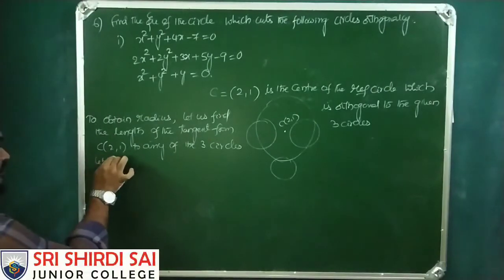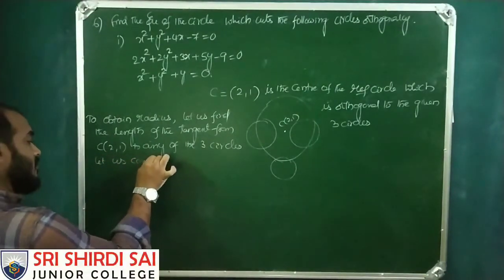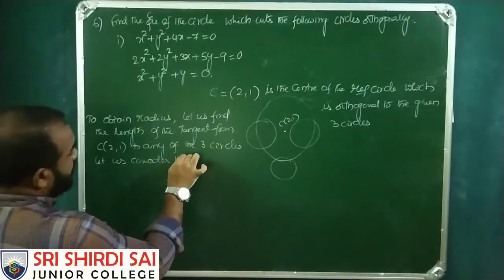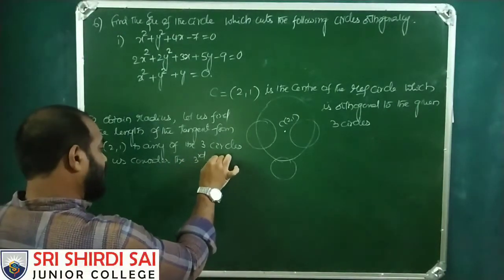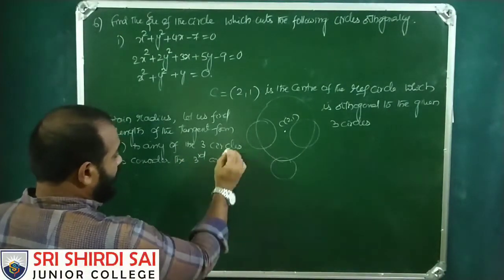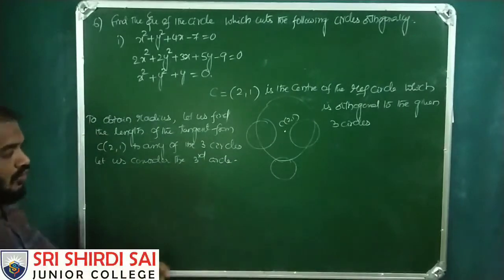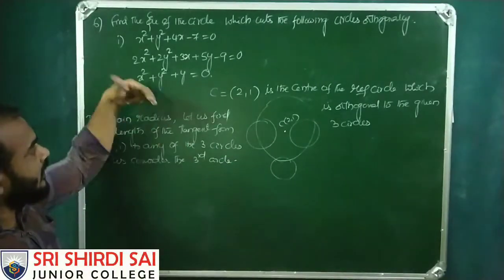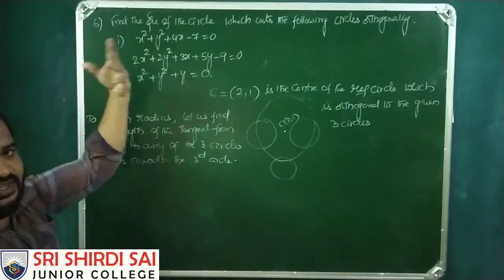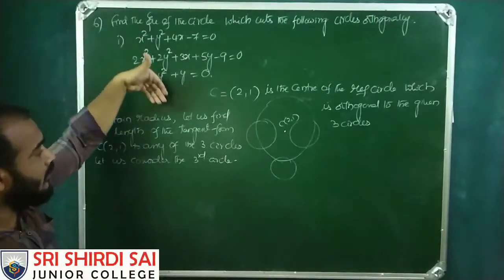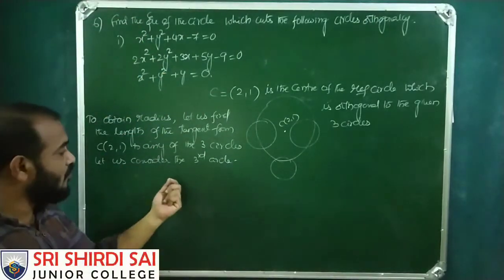So let us consider the third circle. But again I am telling you, not only the third circle, you may take the second as well as the first circle also. All of them give the similar answer, which is root S11.